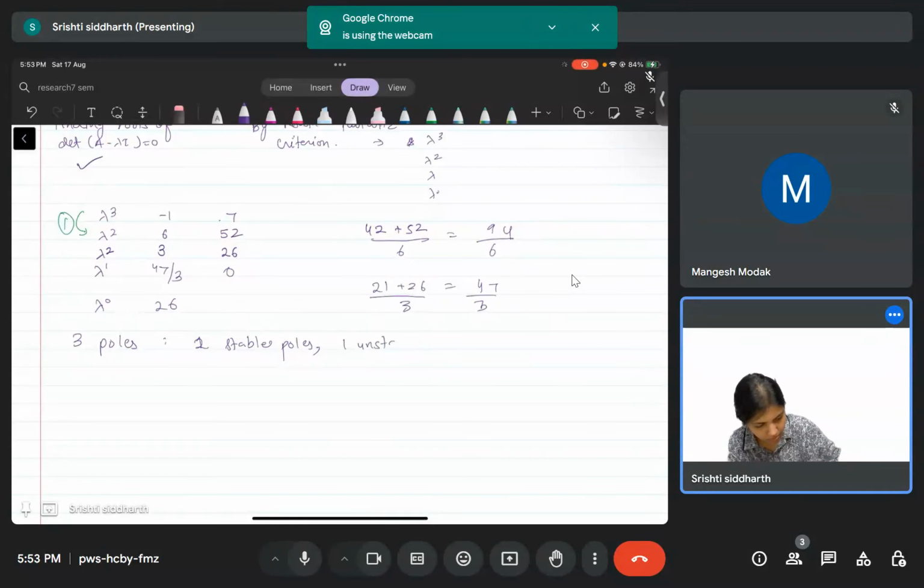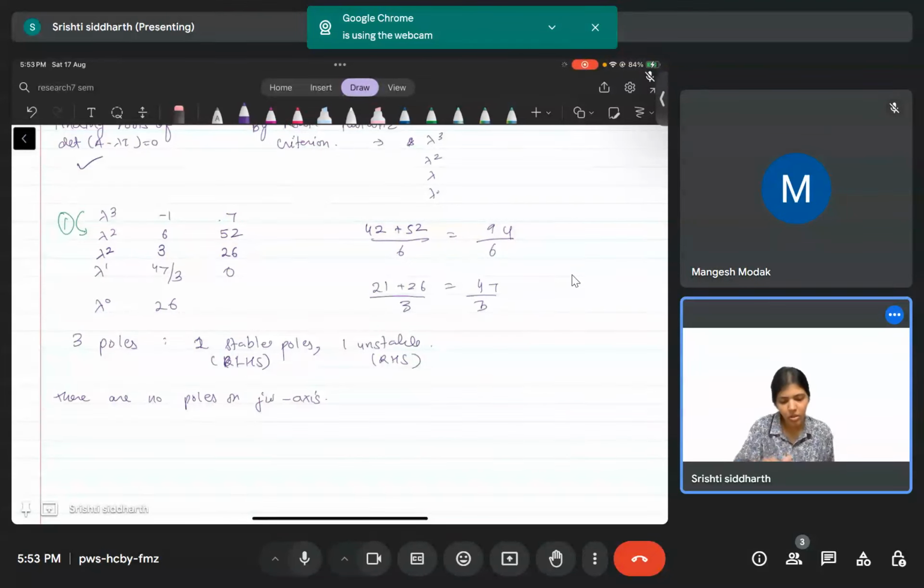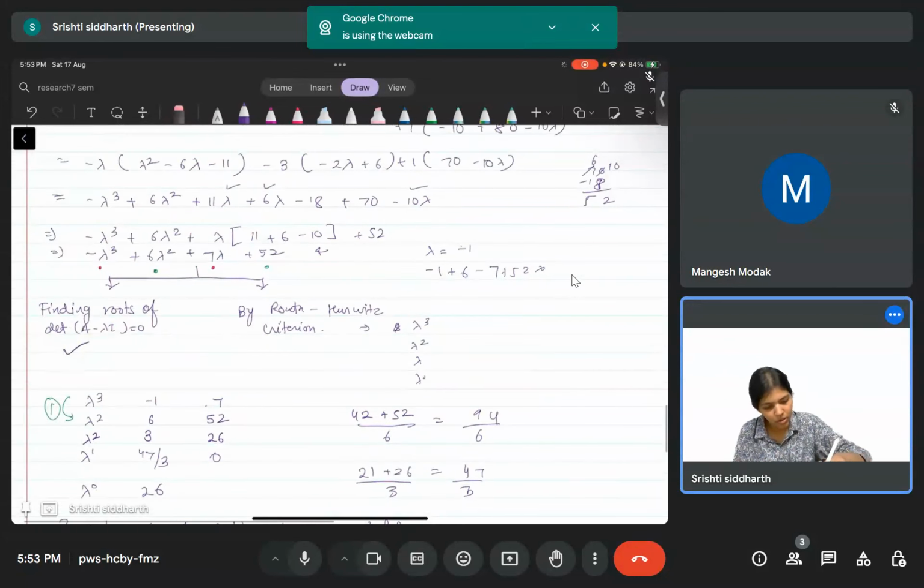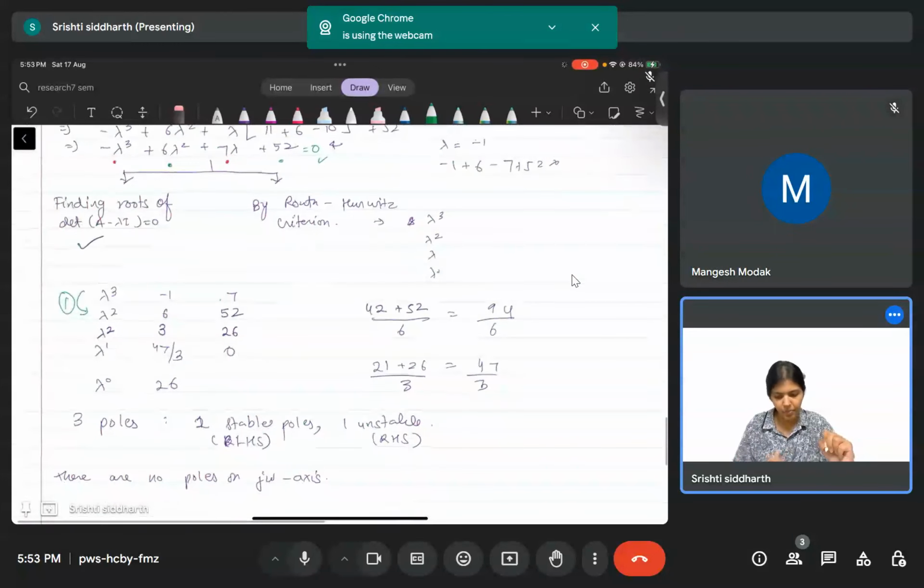And so this is on the left hand side, right hand side, and on the imaginary axis. So there are no poles in them. You can also find the roots of this equation and then determine the poles. Okay.